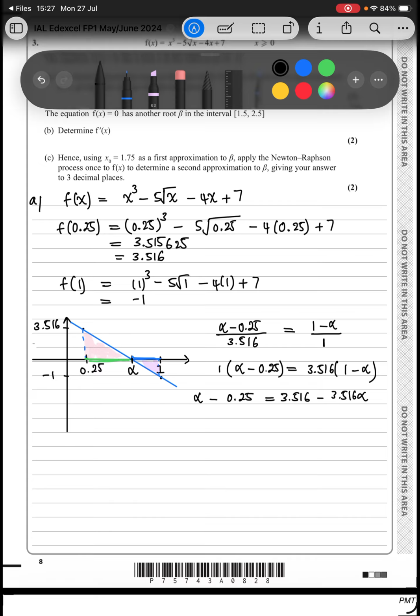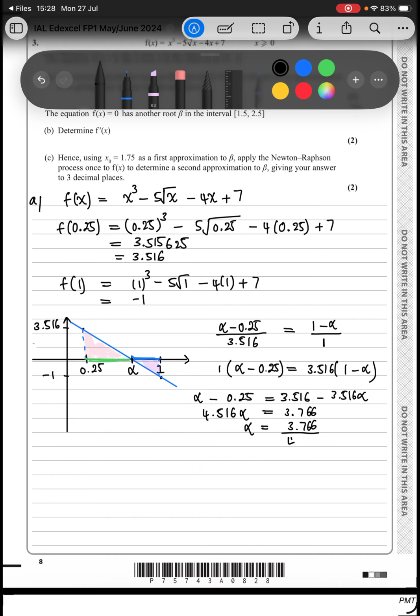So let's bring all the alphas to one side and all the numbers to the other side. So 1 alpha plus 3.516 alpha will be 4.516 alpha. 3.516 plus 0.25 will be 3.766.